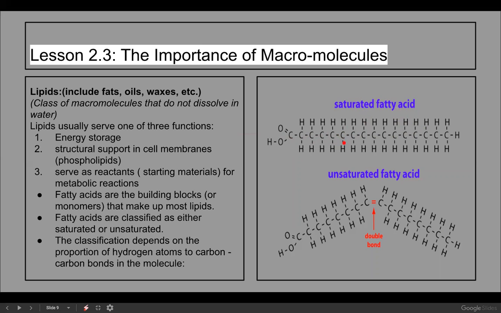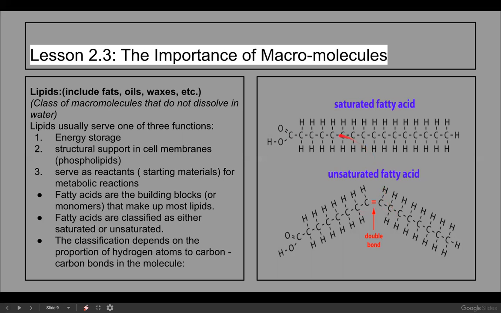If you look at this carbon right here, it has 4 bonds, but it has a double bond here. So there's 1, 2, 3, 4 bonds around those 2, and then 1 over here and 1 over here. When that double bond does take place, it doesn't have the full complement of hydrogens. You can see we removed a couple, and we have a little kink here.